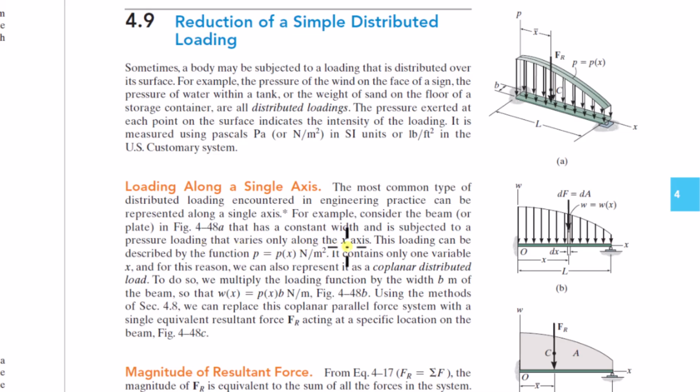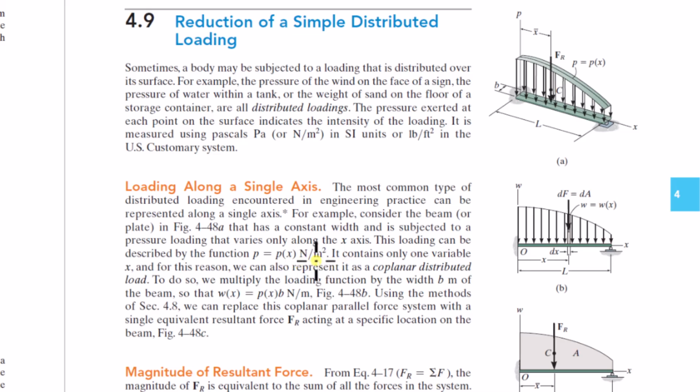It's one-dimensional. Okay, this loading can be described by the function P, so P as just a function of X, newtons per square meter. That's the pressure distribution, right? It's only a function of X, because once you get a pressure value at any X, that's the pressure value at any point in the Y as well. You see?